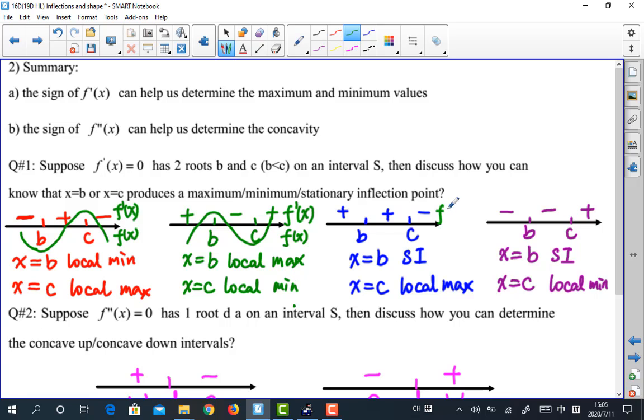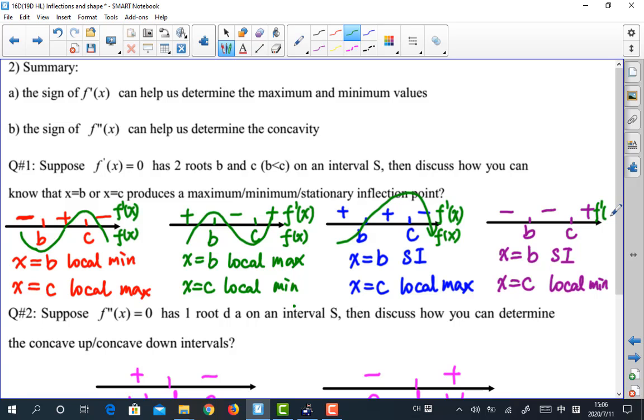So if you have f prime x looking like positive, positive, negative, then you will have f of x increasing, increasing, then decreasing. In this case, on both sides of x equals b, you have the same sign for f prime x. This one suggests x equals b is a stationary inflection.